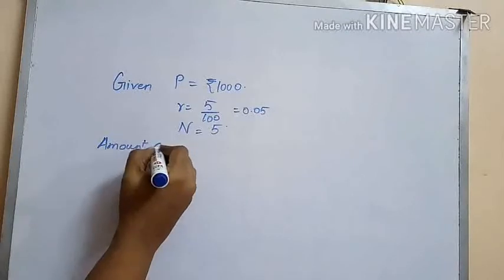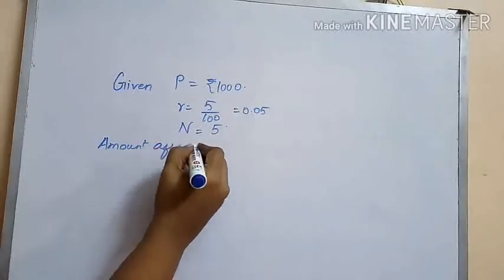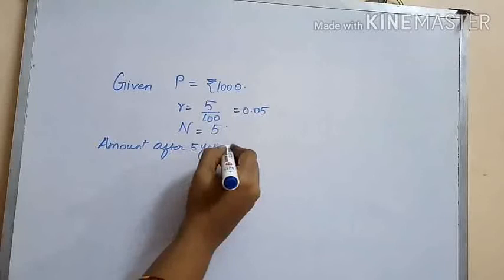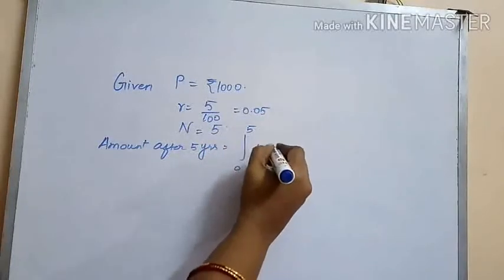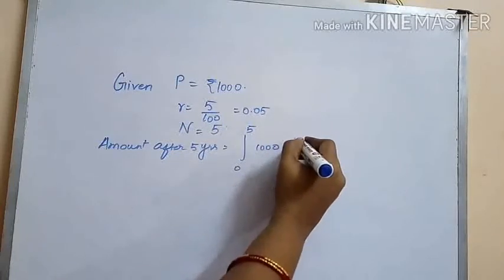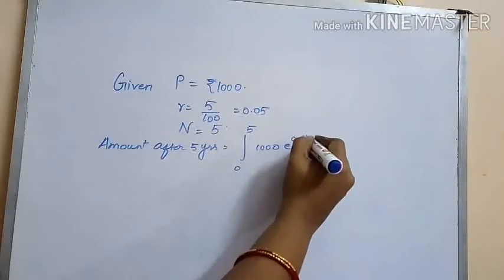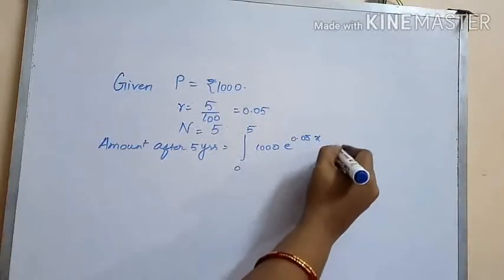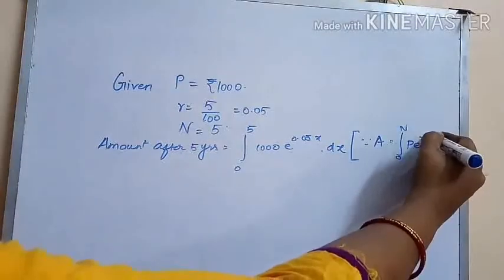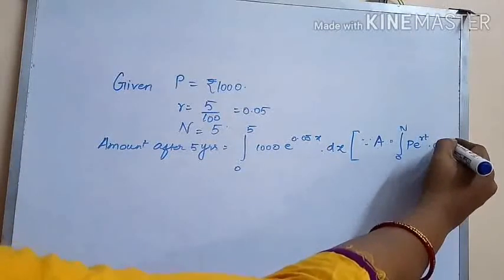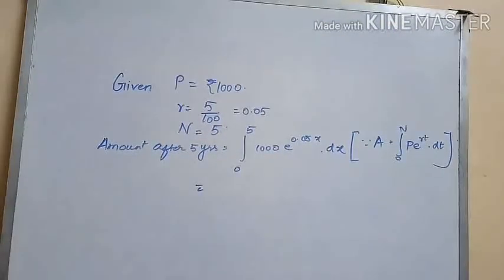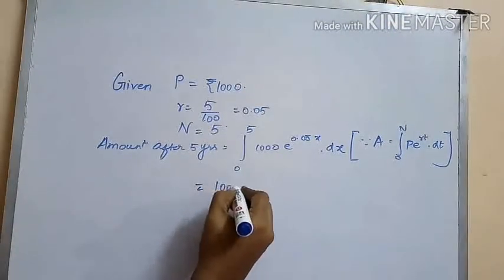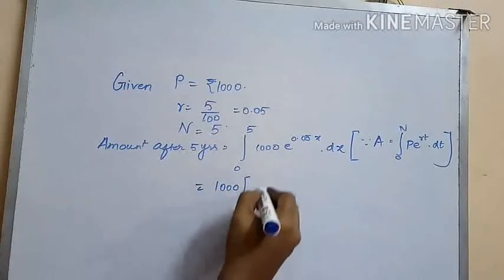Amount after 5 years is equal to integral 0 to 5, 1000 into e to the power of 0.05x into dx. We know the formula for A as integral 0 to n of P e to the power of rt into dt.